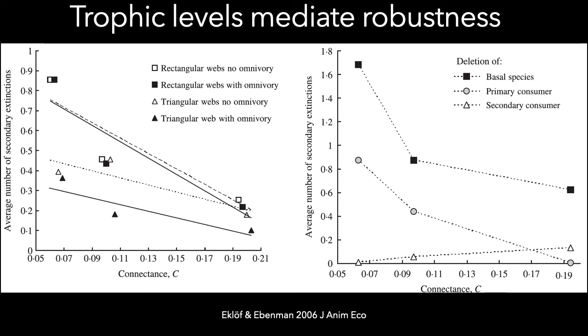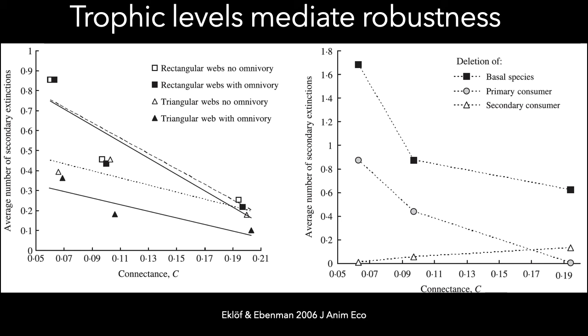As we can see, the robustness is the highest for triangular webs that include omnivory, while it was the lowest for those rectangular webs with or without omnivory. Not only the intercept of the rate of secondary extinction is different, but also the slope, indicating that secondary extinction also varies at a higher rate.